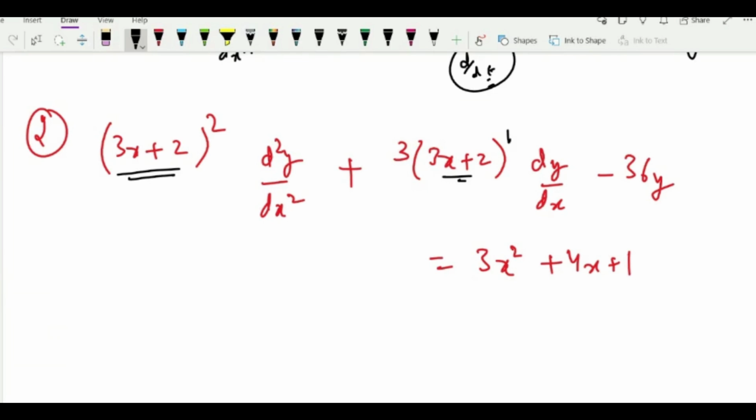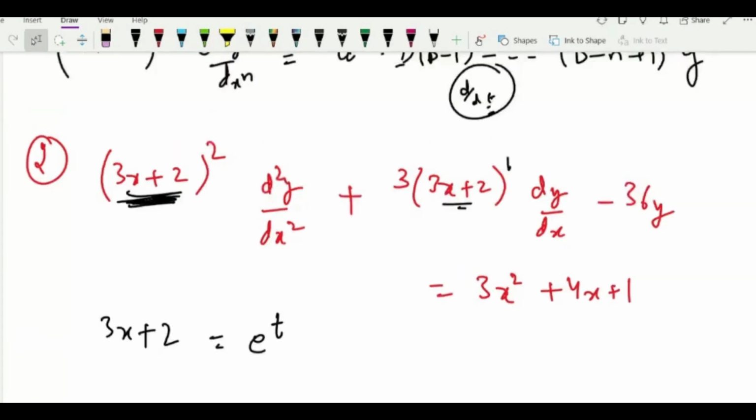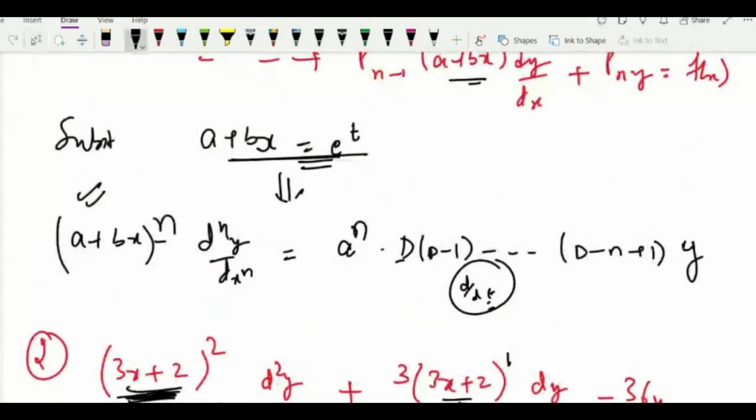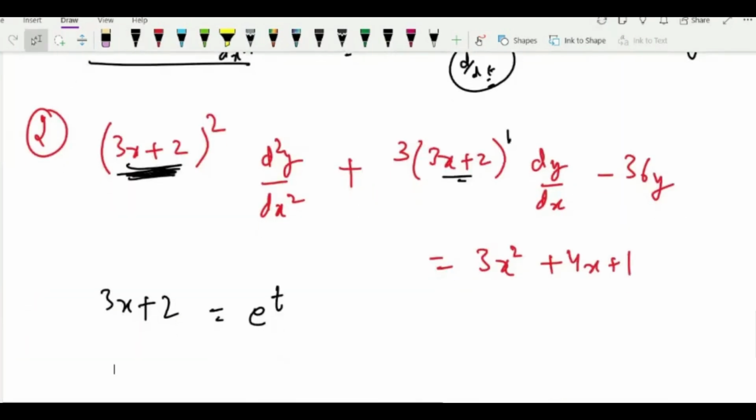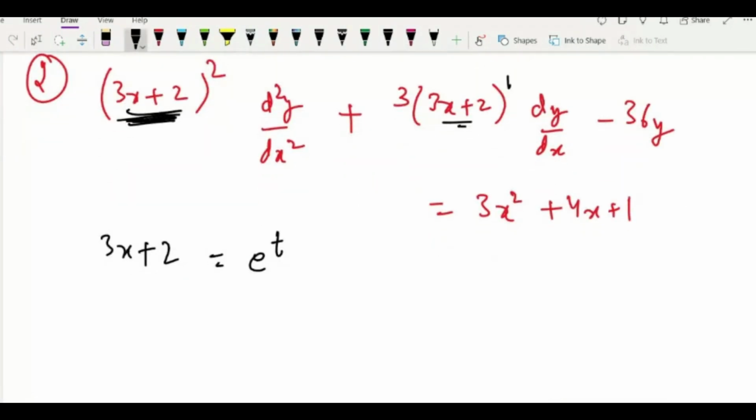And here we substitute this whole 3x plus 2 is equal to e raised to power t, like the previous one. And by this substitution, we find that b raised to power n, where b is the coefficient of x in a plus bx.